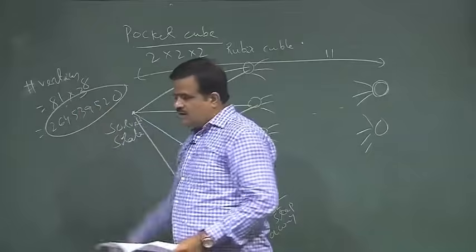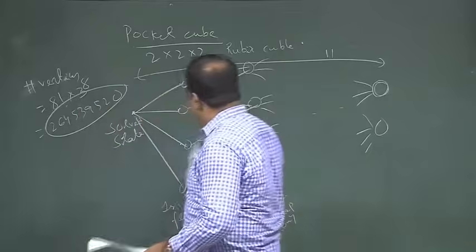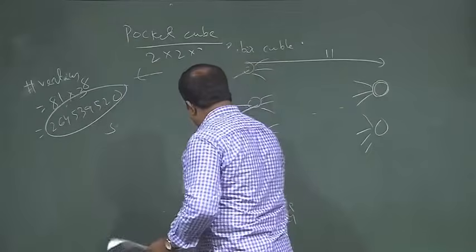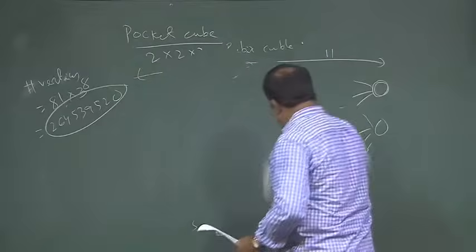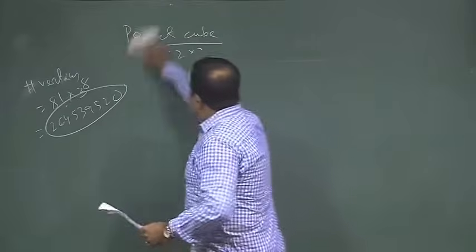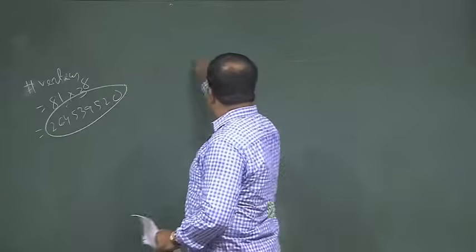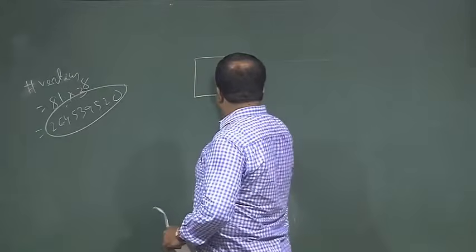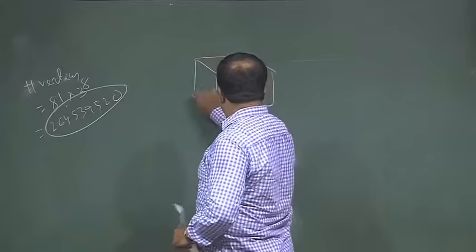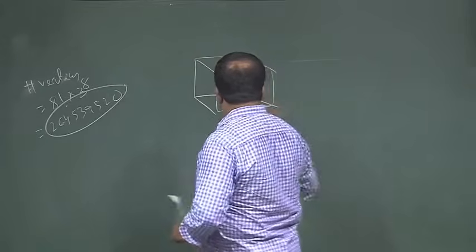Now how do we show that this graph has this number of vertices? I just take a 2 by 2 by 2 Rubik's cube.